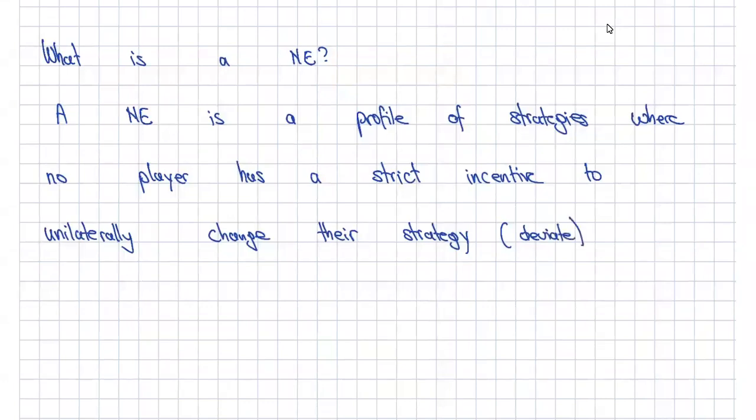Now, the next thing that I usually ask my students is to ask themselves, what are the terms that they actually do not understand in this? The thing that they don't understand is a profile of strategies. And unilateral is another one, which deserves a bit more explanation. So unilateral, let's start with an easy one.